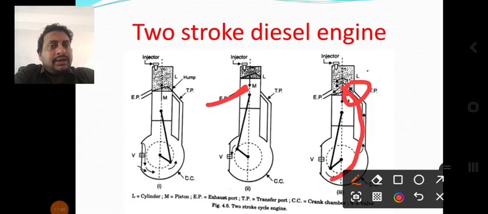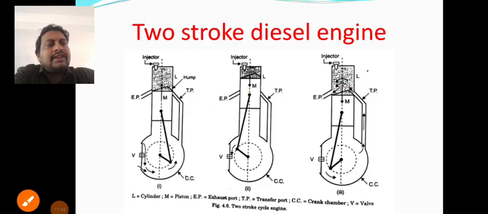What happens in the downward stroke? Due to the gases expansion, the piston is pushed towards the downside. The exhaust port will be open and the burnt gases, products of the combustion, escape to the atmosphere through the exhaust port.